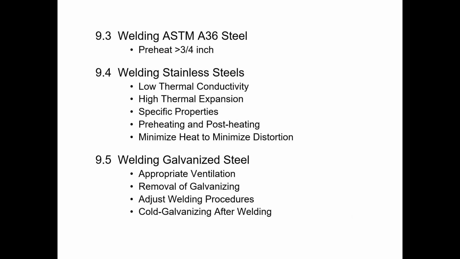All right, so there's some additional requirements for welding A36 steel. So let me pause for just a second and say, anytime we're talking about rebar, for our purposes, rebar is grade 60, meaning the tensile strength of that bar is 60 kips per square inch.